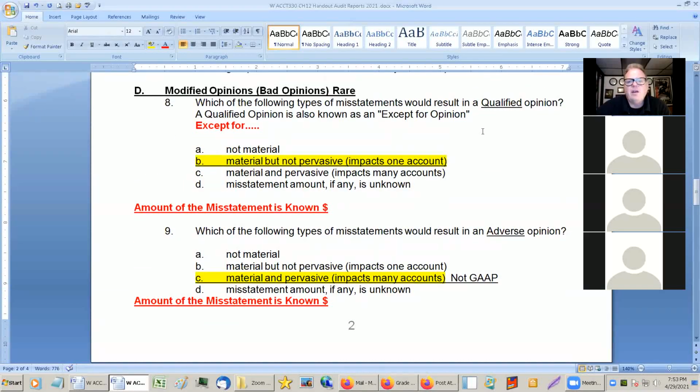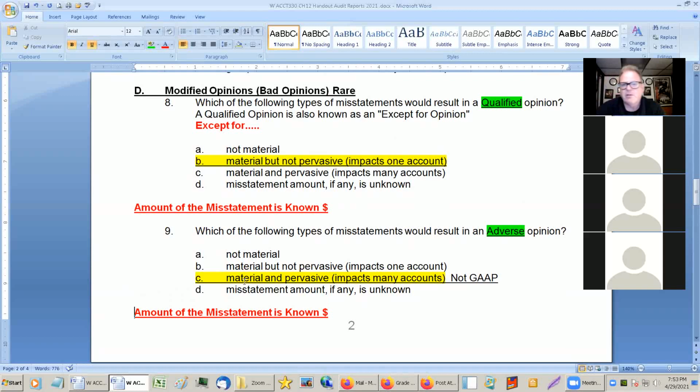A qualified and adverse opinion both have known amounts. You're going to say this is misstated by whatever, and you're going to put that right in the report. You're going to say sales are overstated by 38 million or whatever. Known dollar amount, so those dollar amounts will go right in the report.